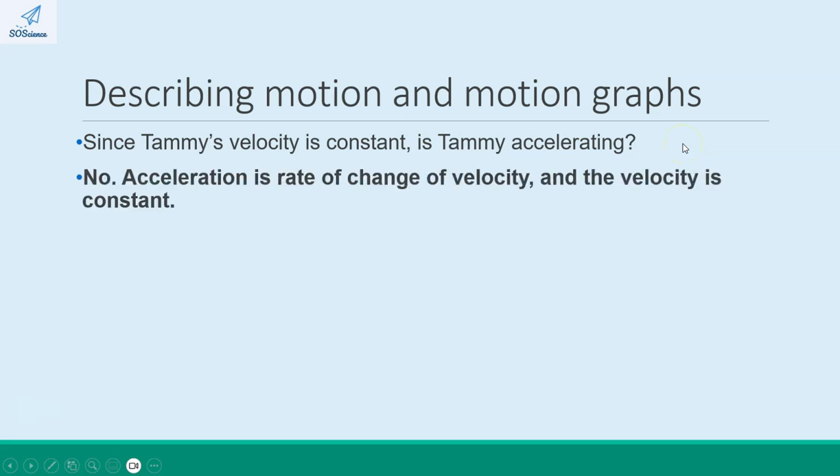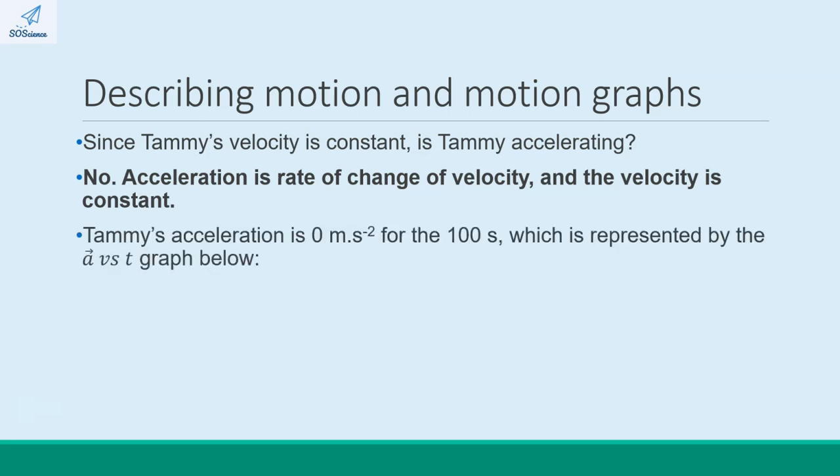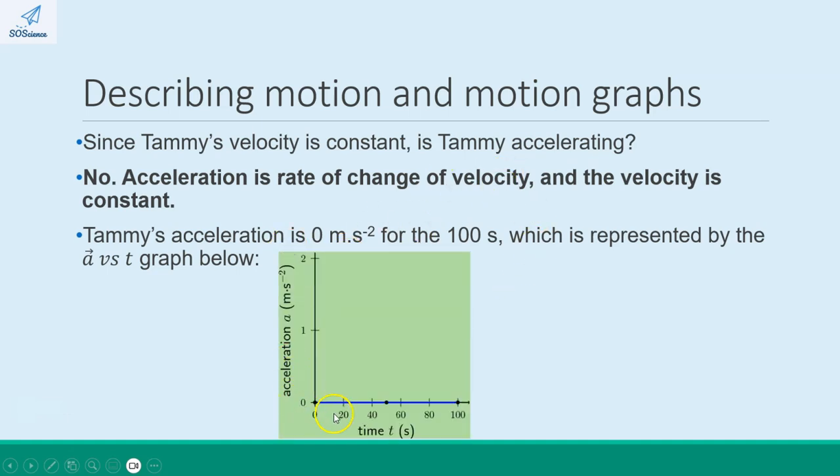The answer is no. Acceleration is the rate of change of velocity. The velocity is constant, so there is zero acceleration. So if we had to graph Tammy's acceleration, which is 0 meters per second squared for 100 seconds, then we get this graph, which represents zero acceleration for 100 seconds.